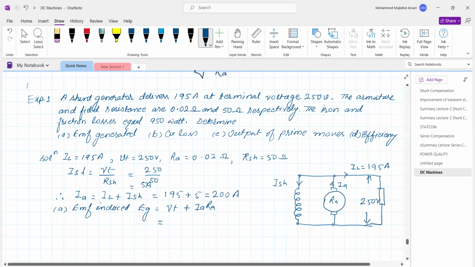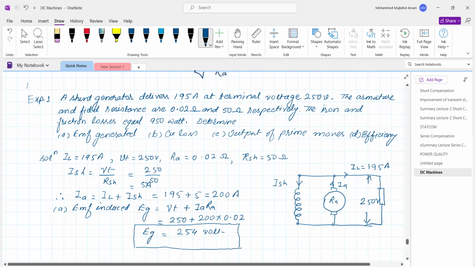So it is 250 plus armature current 200 multiplied by the armature resistance, and EMF generated EG is equal to 254 volt. So this is one unknown quantity, and it is determined.